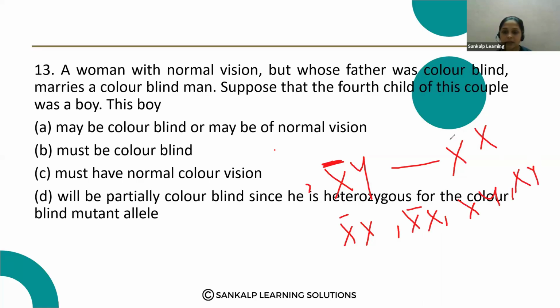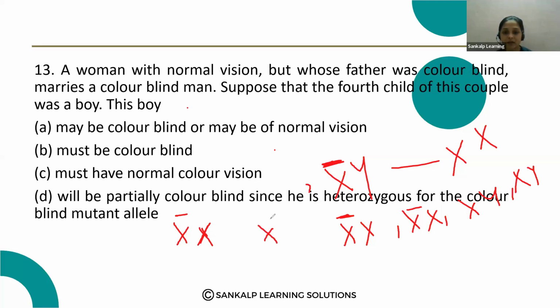Here her mother is not a carrier, she has normal vision. The daughter has one affected X, so she is a carrier, but she has normal vision.